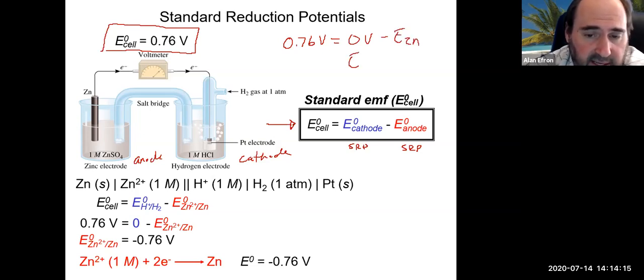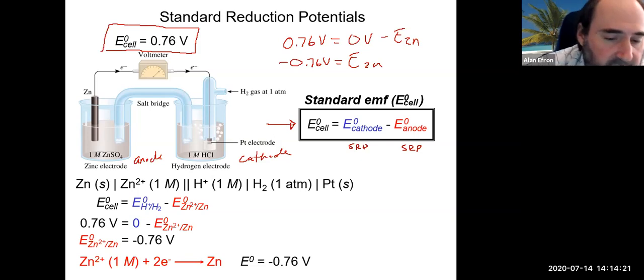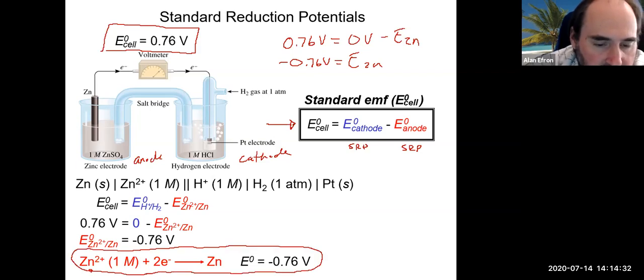Rearranging this, the E of our zinc, as you can see on the bottom there, becomes minus 0.76 volts. That would be the standard reduction potential for zinc. Again, you can see it written as a reduction reaction, gaining electrons, so zinc 2 plus is reduced to solid zinc, minus 0.76 volts.